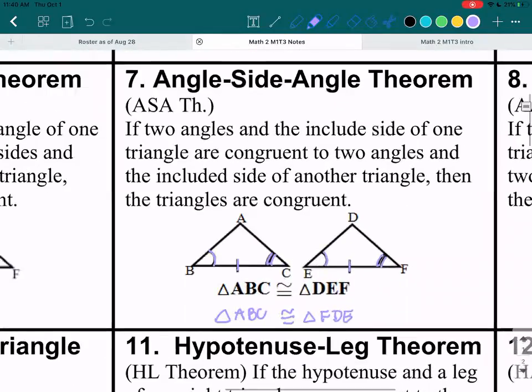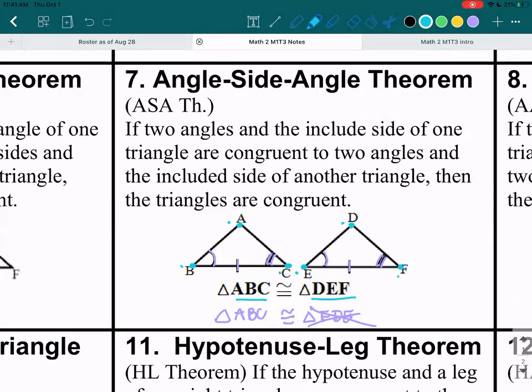So over here, it's not triangle FDE. A corresponds to D, B corresponds to E, and C corresponds to F. So you go triangle ABC is congruent to triangle DEF. So you have to put them in the right order. You cannot just put it in a random order like this. This is all wrong. Okay?